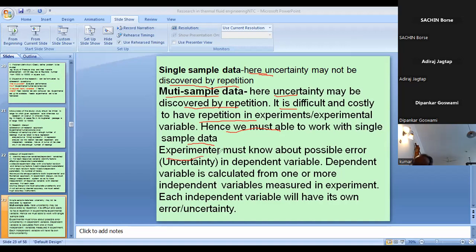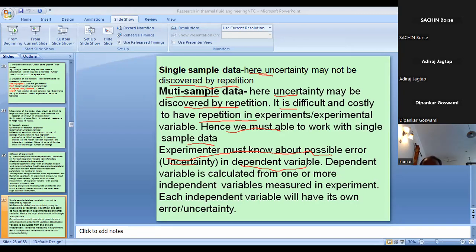So the experimenter must know about the possible errors, you can say uncertainty in the dependent variable. We will take an example today. He must know the possible errors or uncertainty in the dependent variable. The dependent variable is calculated from one or more independent variables measured in the experiment.